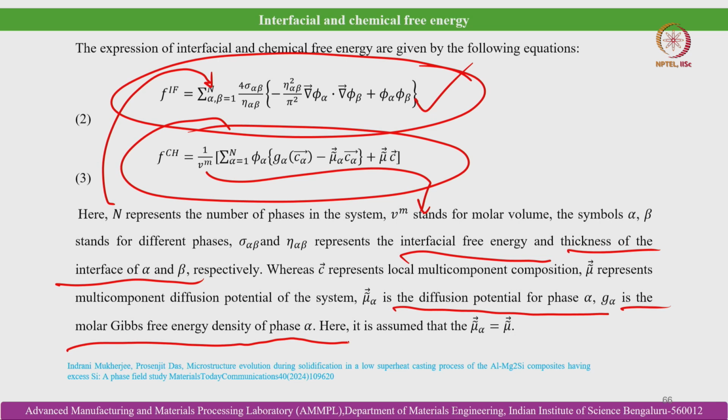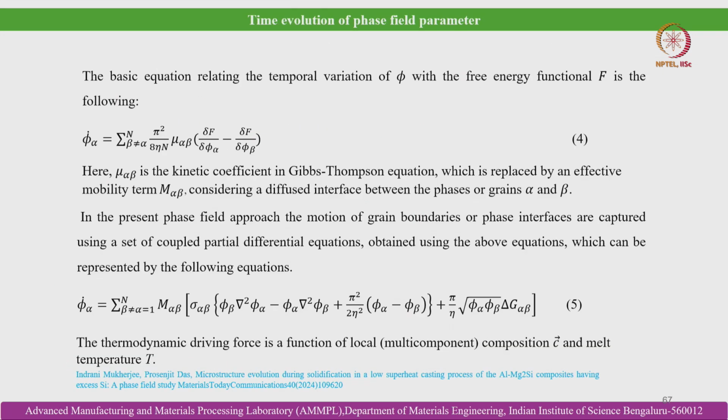Okay. So here it is assumed that mu alpha bar is equal to mu bar. That means the diffusion potential is generalized across phases. So the basic equation relating the temporal variation of phi, the phase field parameter, with the free energy functional capital F, which is the summation of the chemical as well as interfacial part of the free energy, is the following.